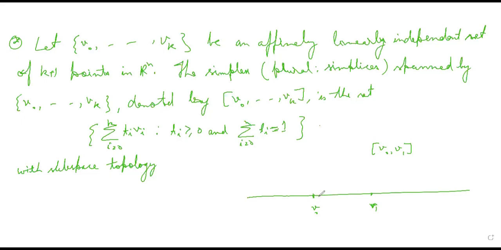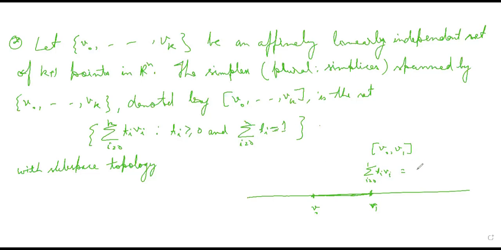It is simply this closed interval, because you have summation Ti Vi, i equal to 0 to 1, and summation Ti equal to 1.